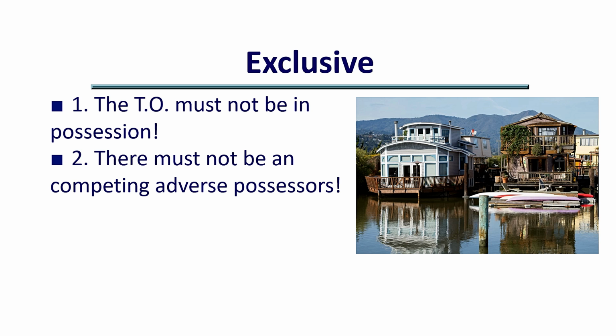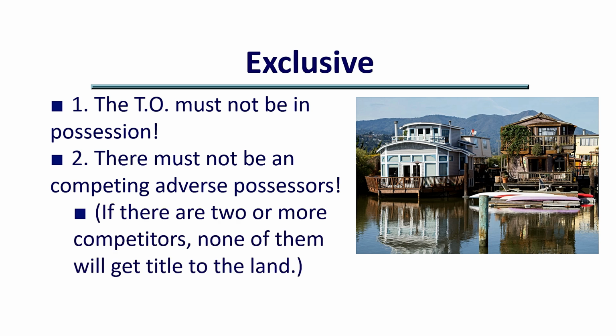And then he claimed that he had acquired title to the beach by adverse possession. However, only about 100 yards away, there was another adverse possessor who had likewise tied up his houseboat to the beach. So both of them were trying to get the land at the same time, and the Washington State Court said quite correctly, neither one of them can get it. So if there are two or more competitors, none of them get title to the land.